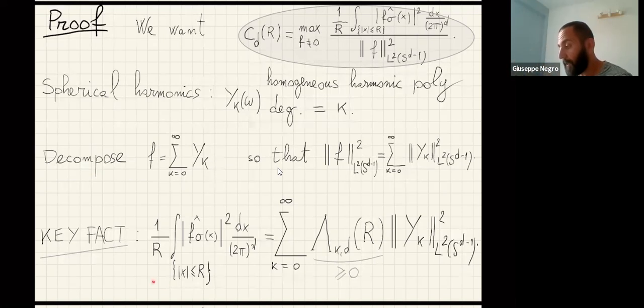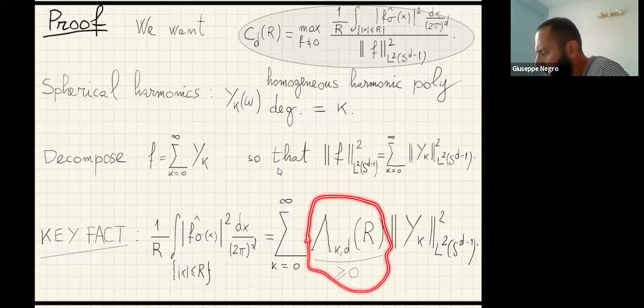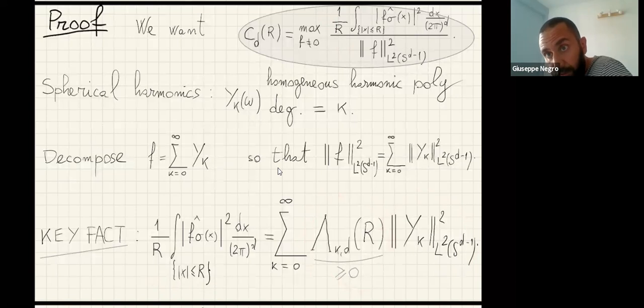You have orthogonality here, and then both terms of your ratio decompose in a sum of squares with some coefficients, and then I will say more about these coefficients in the next slide.